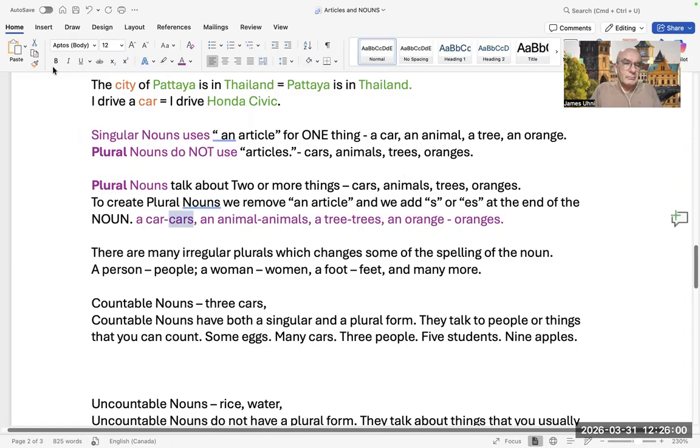Cars, animals, trees, oranges. Plurals do not have an article. This is very important.